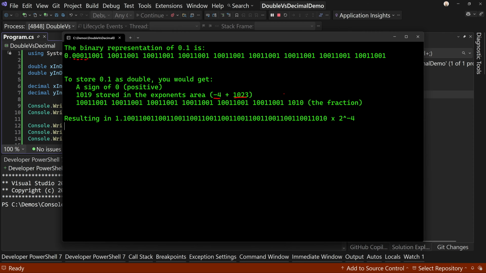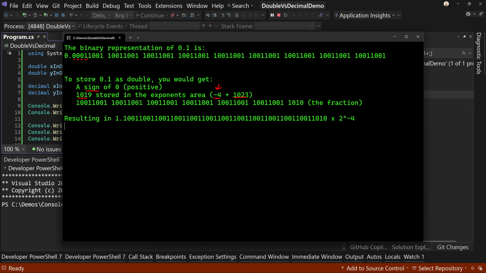That way it can figure out positives and negatives for the sign of the exponent. Now, why do we have a sign of the exponent when we also have a sign up here? Because we need to know, are we moving to the right or to the left? Because a decimal point could be, we have to move to the left. We're going to see that in a minute. But for right now, we're moving -4. So -4 plus 1023 gives us 1019.